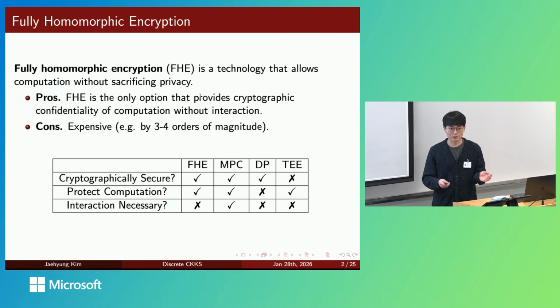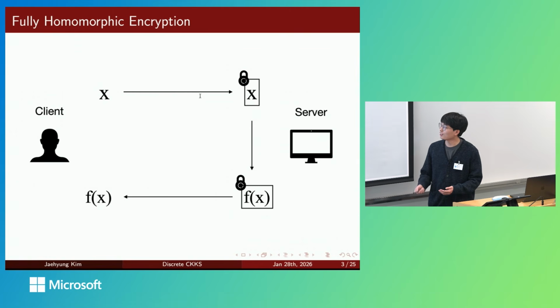So it's nice, but the biggest disadvantage is that it is pretty expensive. How much more expensive? Let's say you want to do some computation like machine learning. Then the computation cost is usually 3 to 4 orders of magnitude compared to plaintext computation. So that was a brief introduction of FHE.